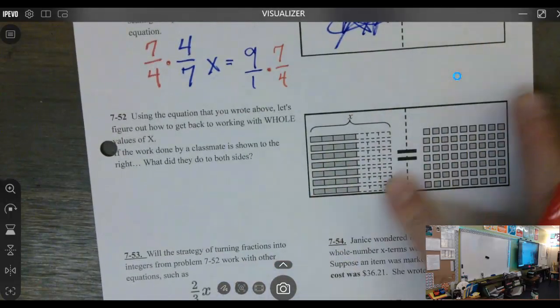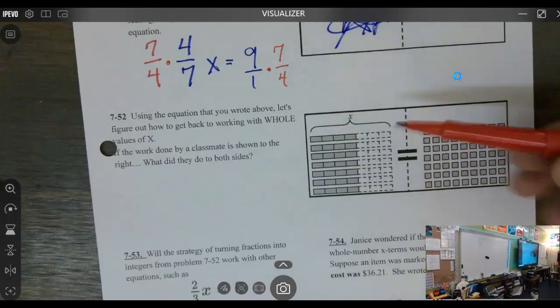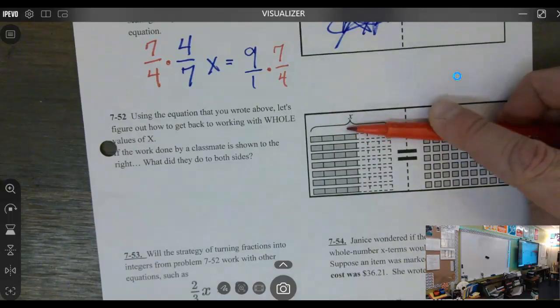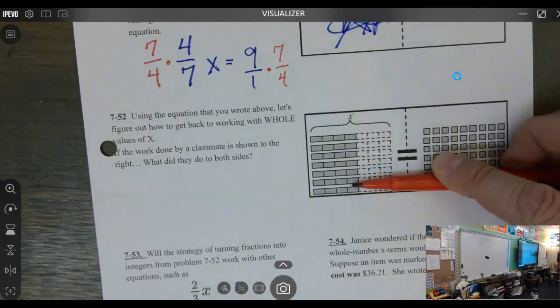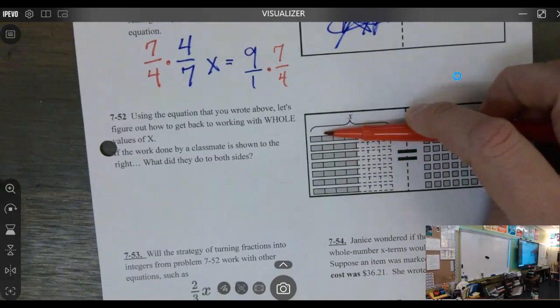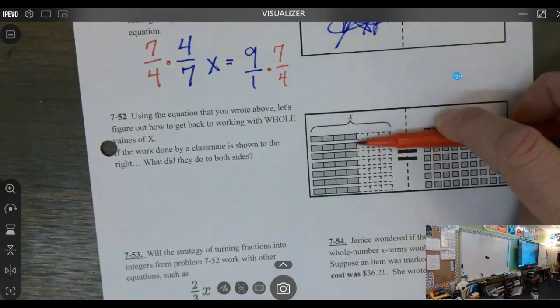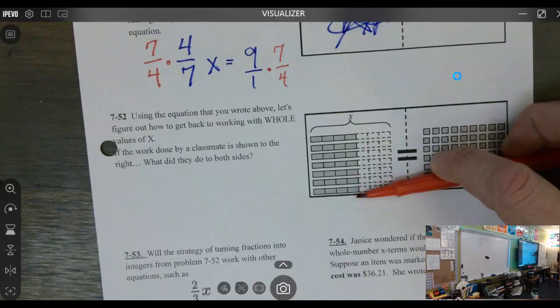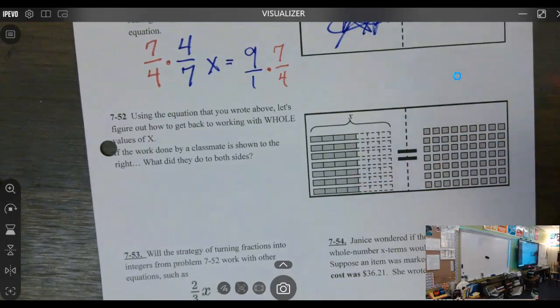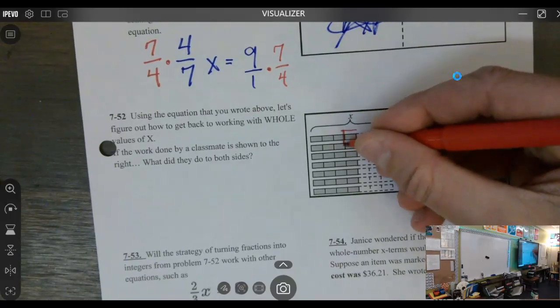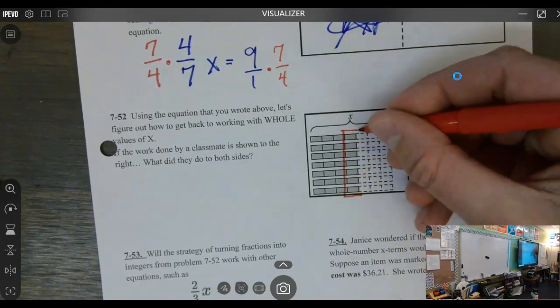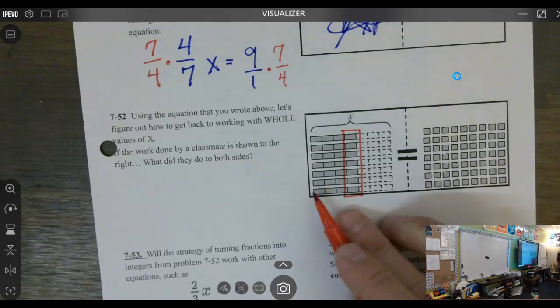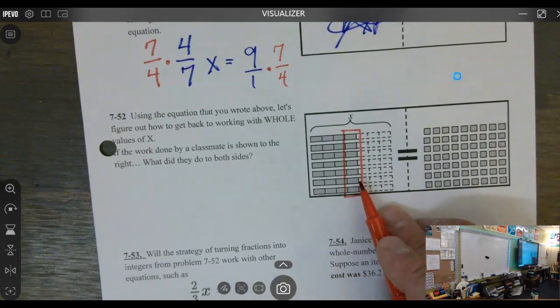Here's the why. If we multiply by 7, 1, 2, 3, 4. What's 4 times 7? 28. And then to just get 7/7, I would need to divide by 4, right?